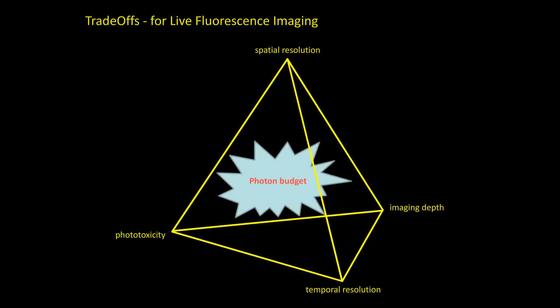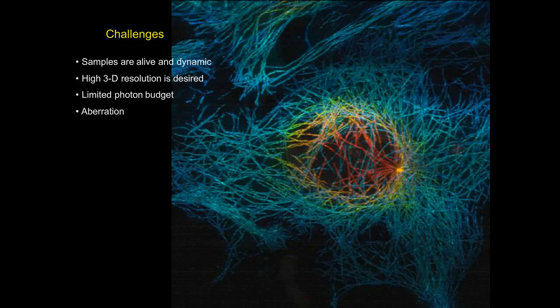So what are the challenges for live imaging? First, we know the samples are alive and dynamic, so your imaging speed should be fast enough to catch all the motions and avoid motion blurring.